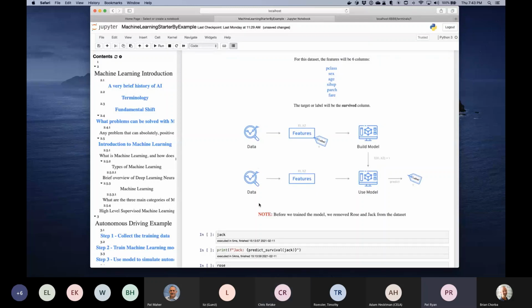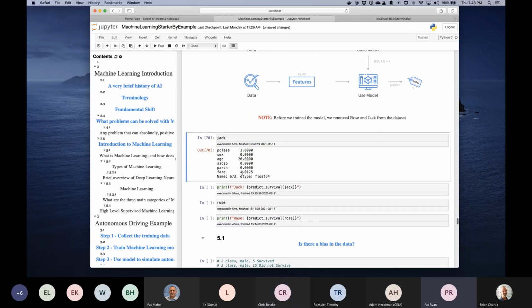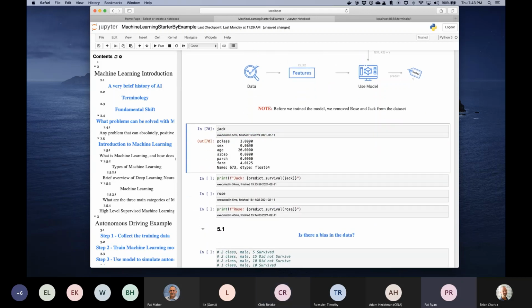All right, so we're going to set up our machine learning model. We're going to use 6 different columns or features, if you will. And we have the survived column, which is what we're trying to predict. So let's take a look at Jack. Jack's data looks like third class passenger. Now sex is 0. Now let me just point out that when we create machine learning models, everything has to be a number.